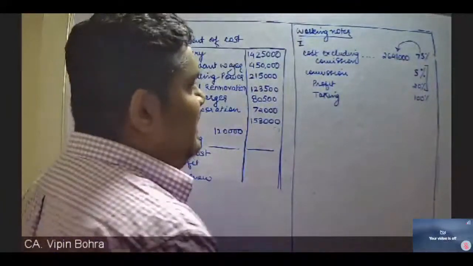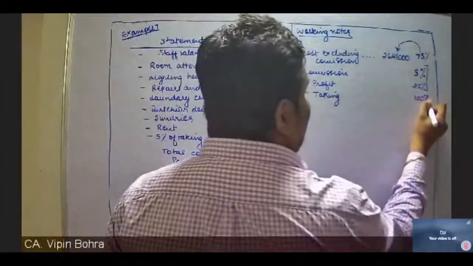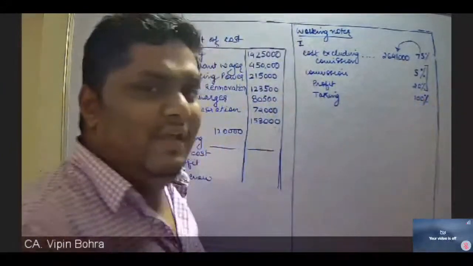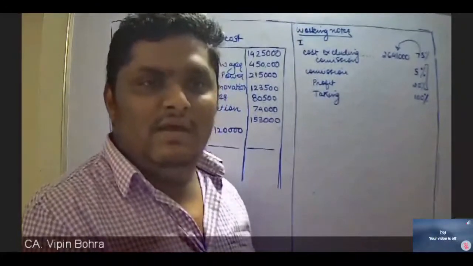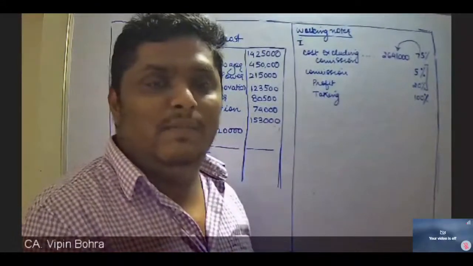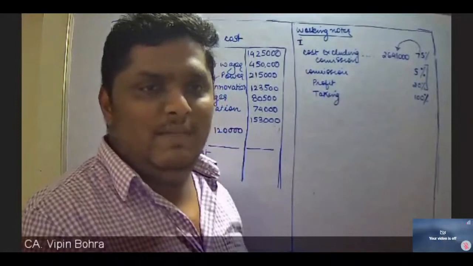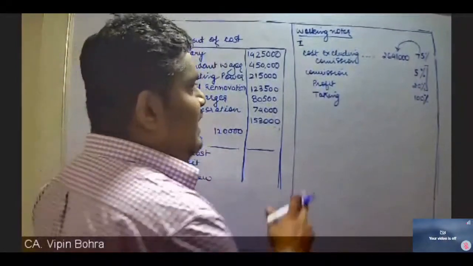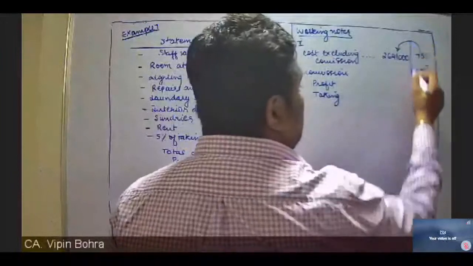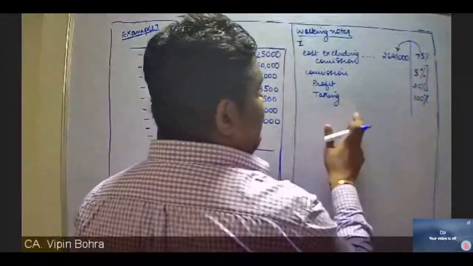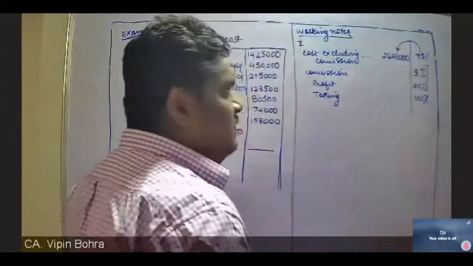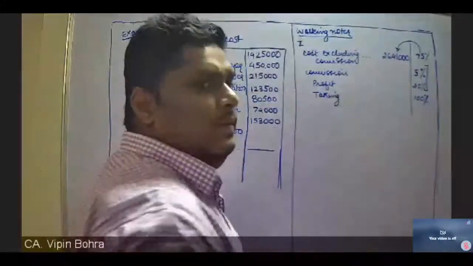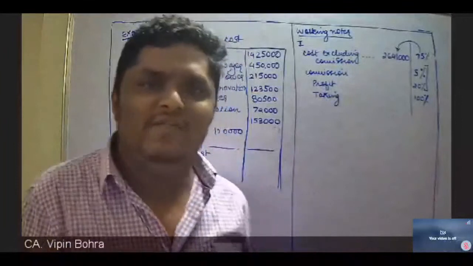Again I repeat, let's say my taking is 100%. The same question I have discussed, example number 3 of my study material, that ABC transport company. So the same concept we are following here also. If the profit is 20% of taking, and the commission is 5% of taking, then the remaining cost will be, very simple, 75% of the takings.